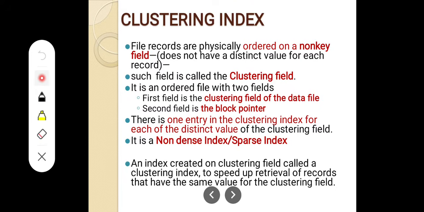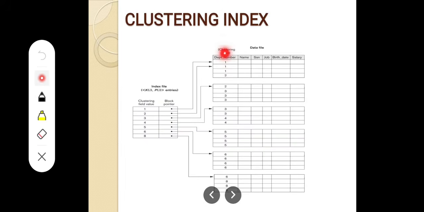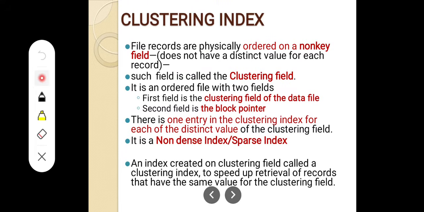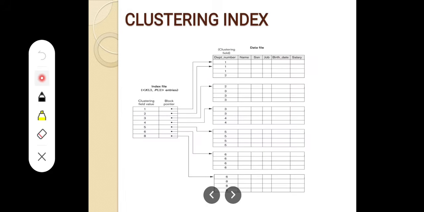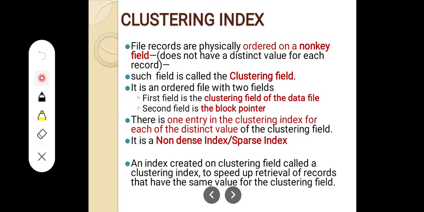So these are the points written here. File records are physically ordered on a non-key field. These are non-key, but it is physically ordered. Such a field is called a clustering field.